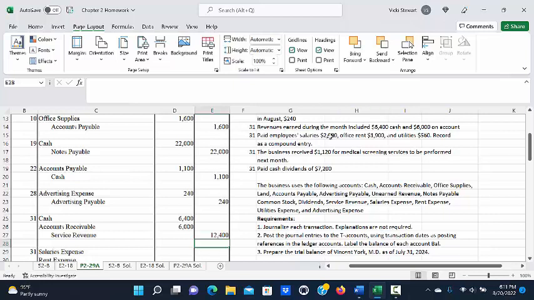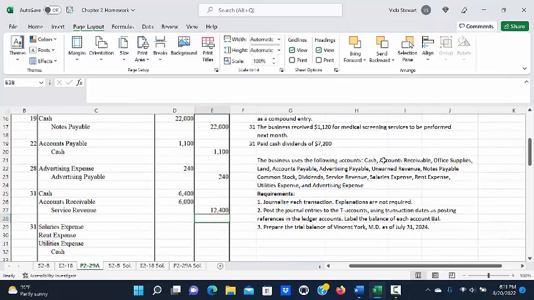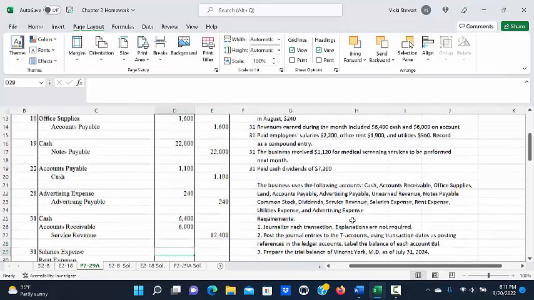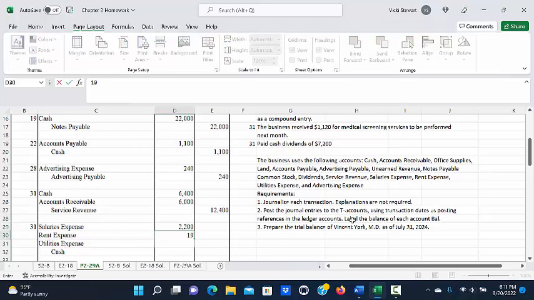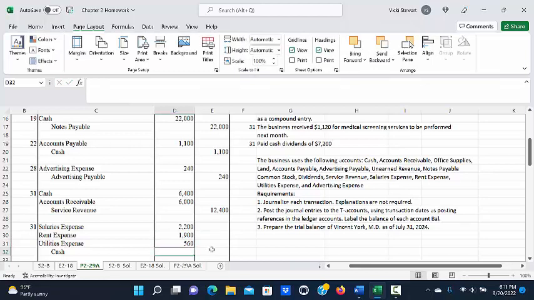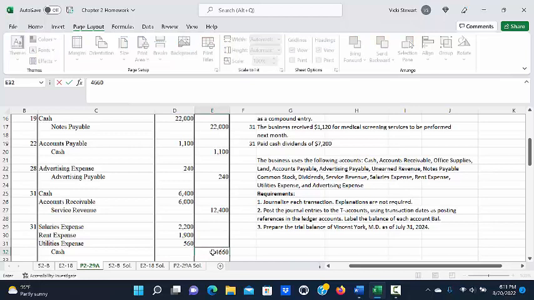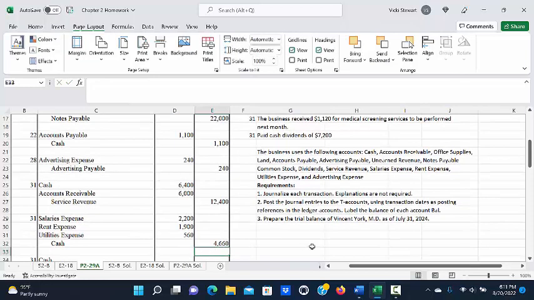In other words, it's telling us don't make a separate entry for each one of these. Put it all together in one entry. So the salaries expense was $2,200. The rent expense was $1,900. And the utilities expense was $560. And you would just add those together and do 1 credit to cash for $4,660.